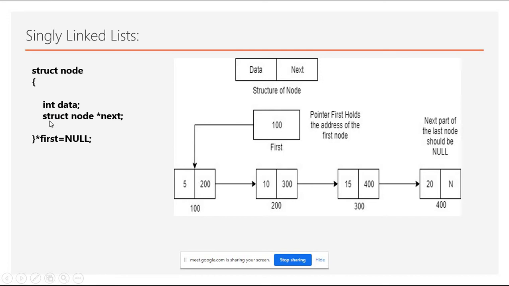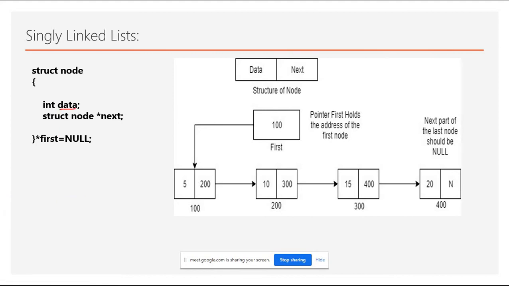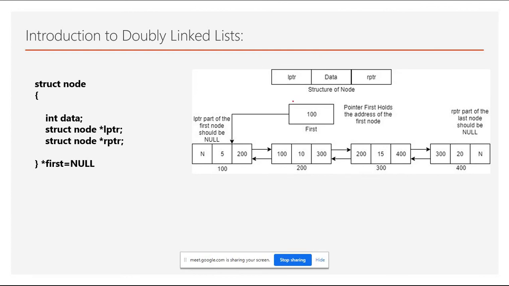We have two sections, one for storing the user's data, and another one for storing one link, one address, and that will be the address of the next node. In the case of a doubly linked list, our node has three sections. One is LPTR, that is the link or address of the previous node.